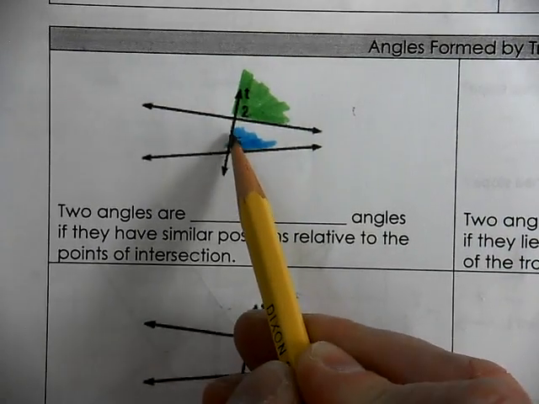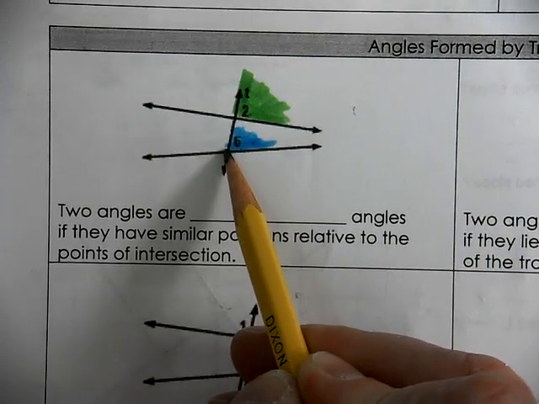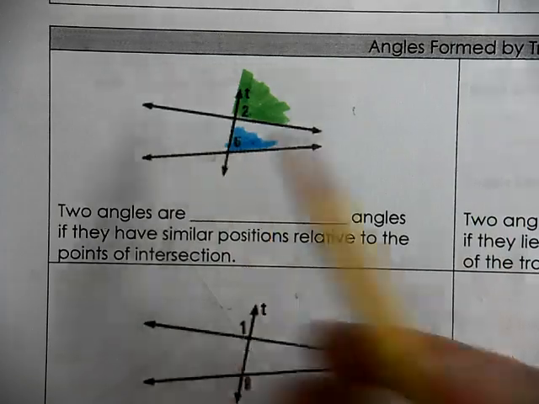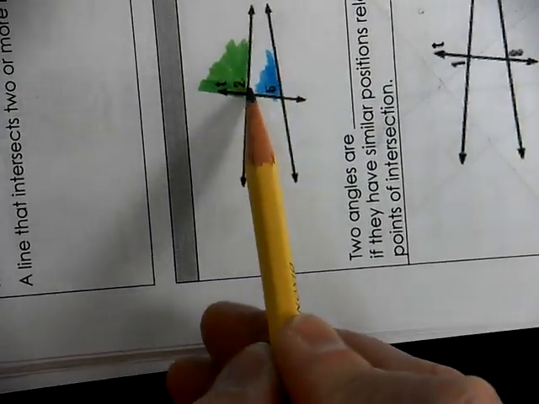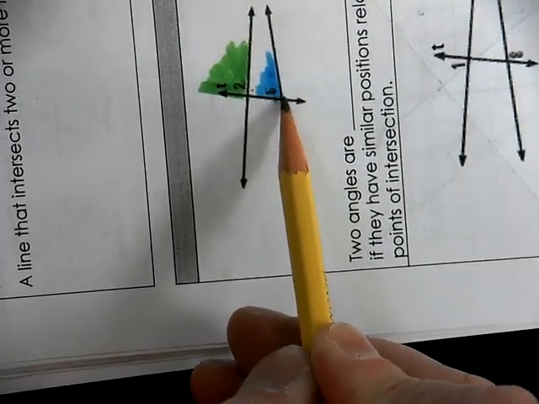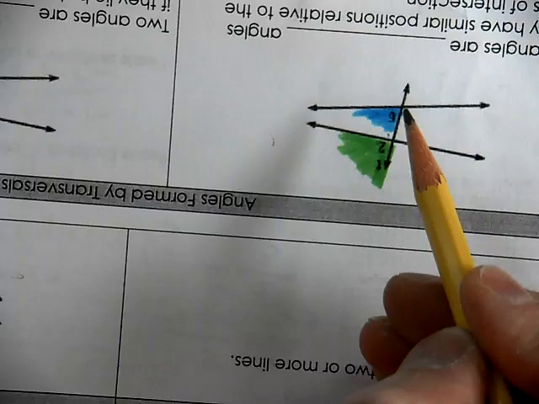They're both on the northeast side of the intersection. That's called corresponding. Even if we were to turn it, those are called corresponding. They're both on the northwest side of the intersection. They're both on the southwest side of the intersection.